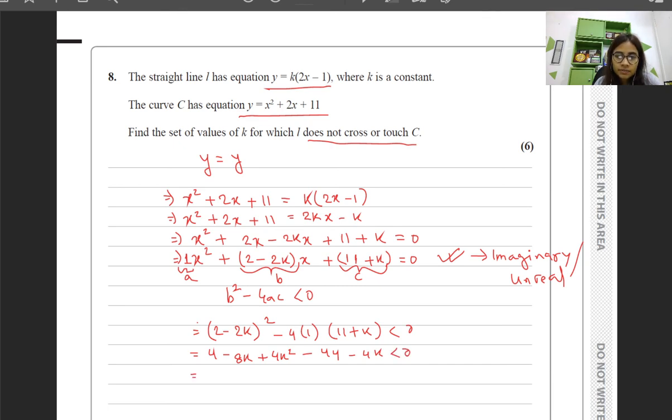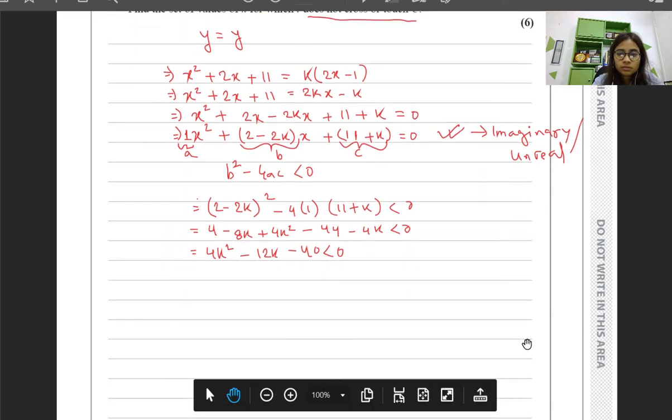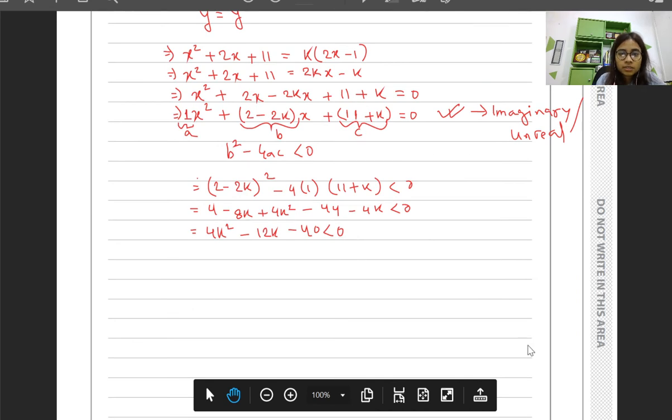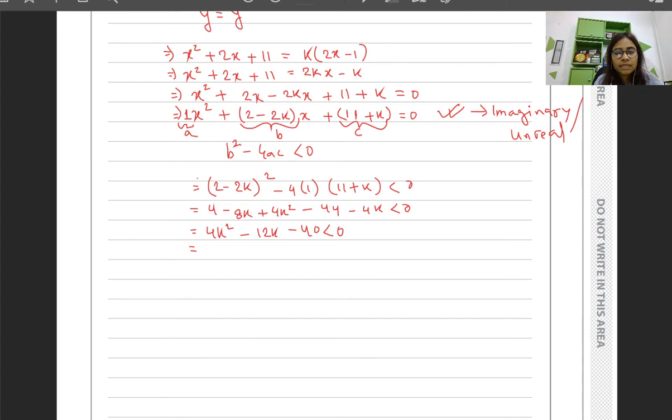Simplifying it, we get 4k² - 12k - 40 < 0. We can also simplify it by taking 4 common and eliminating it.